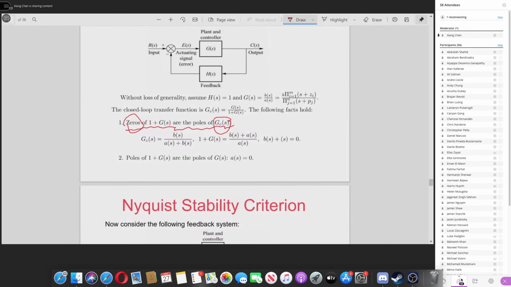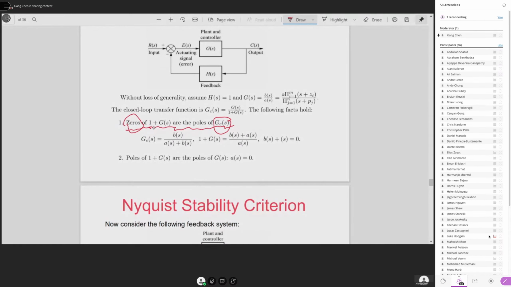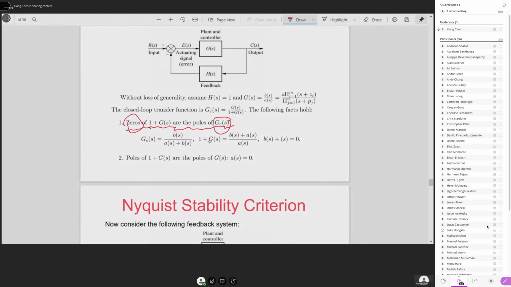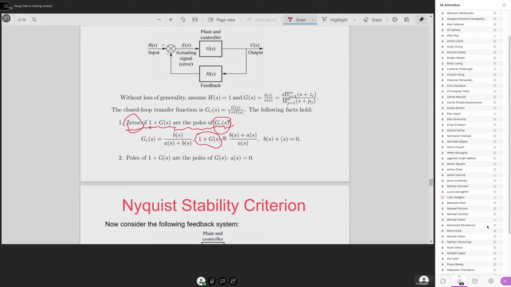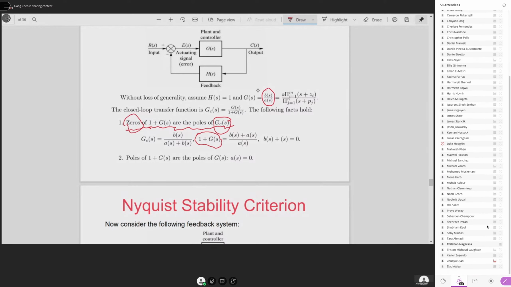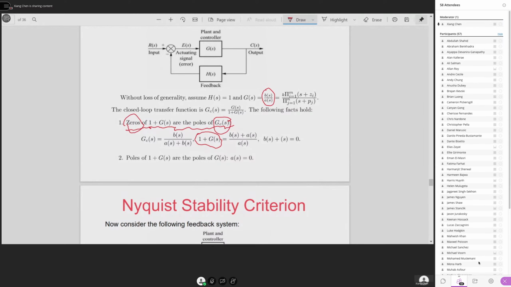So what is going to be the zeros of 1 plus G of S? Let me write down the 1 plus G of S down here. I assume that G of S is a ratio of two polynomials. So you're going to have a numerator polynomial B of S and a denominator polynomial A of S, right?